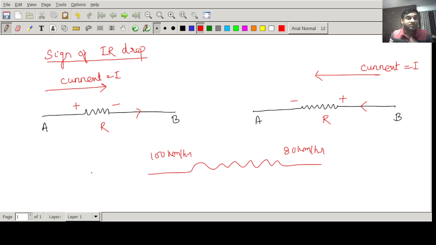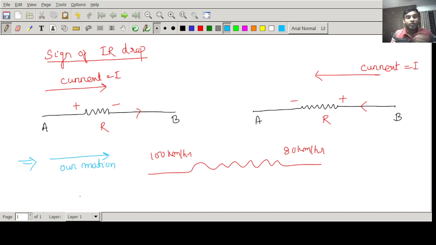But what is the sign? So here it comes how we are moving. Let this be my motion, I am going from A to B. So when I am going from A to B, first the positive sign will come, then the negative sign will come.